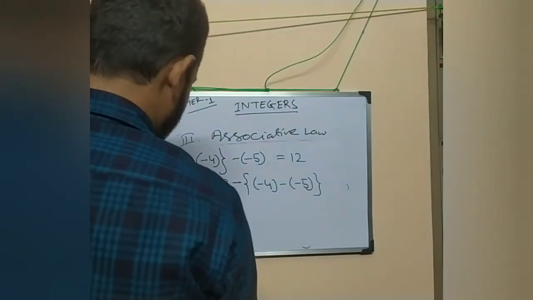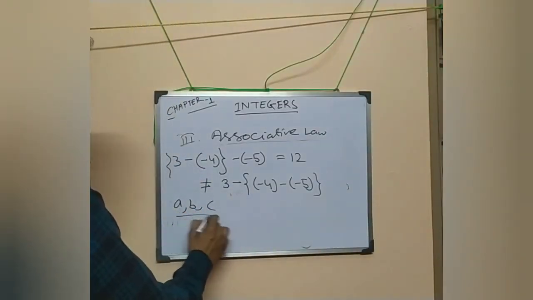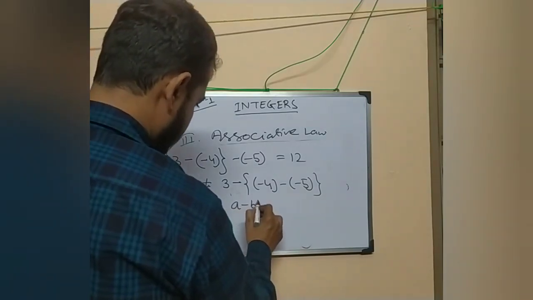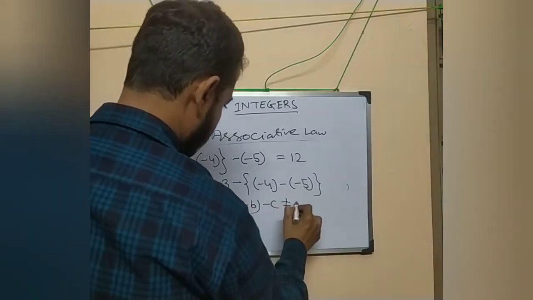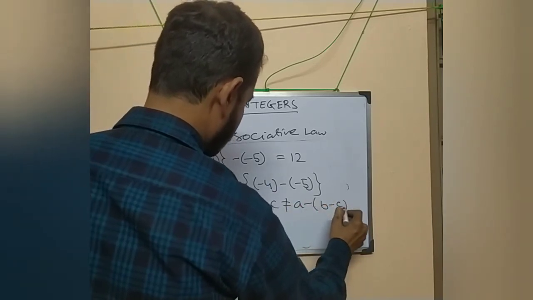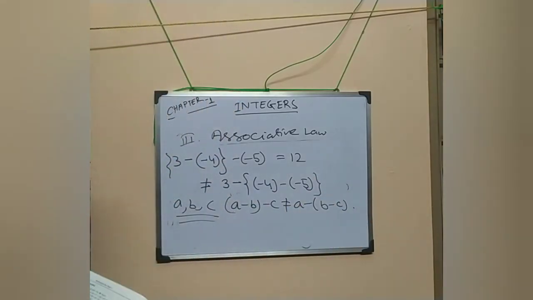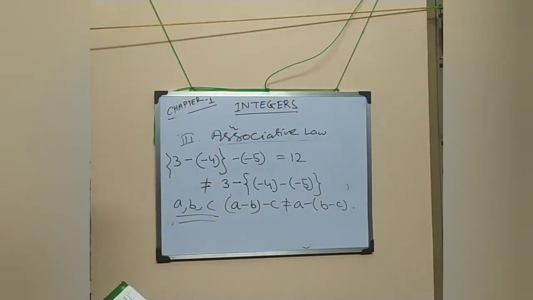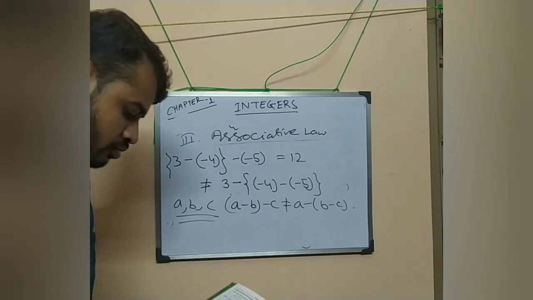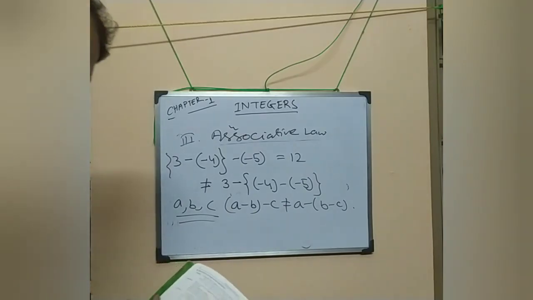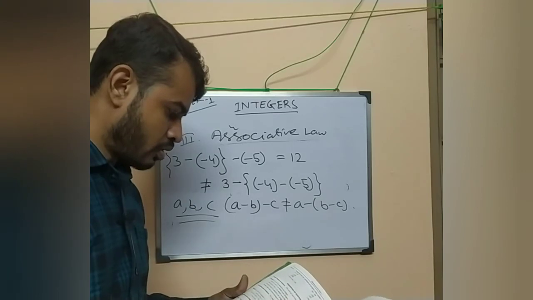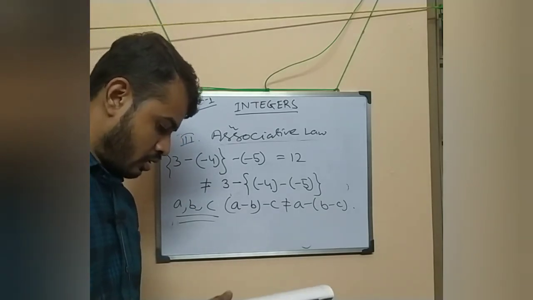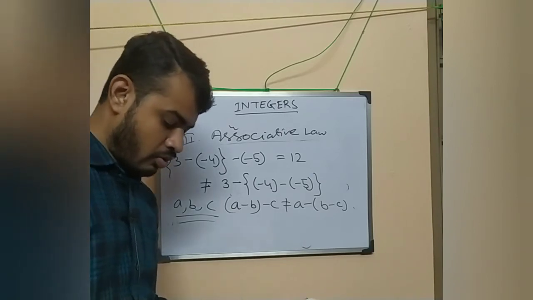These two are not equal. So for any three integers a, b, c, a minus b minus c is not equal to a minus b minus c in the other grouping. So for subtraction the associative property does not hold. So this is our theory, some properties of subtraction. Next day we start exercise number 1A.